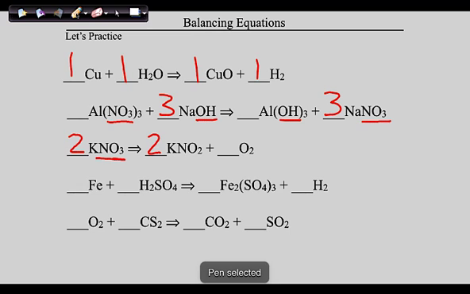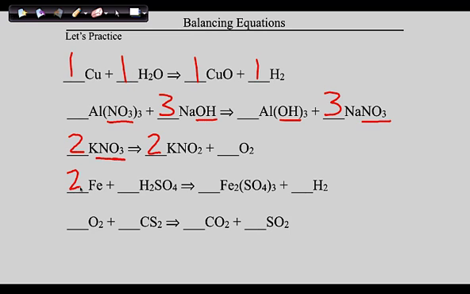So it goes like this. We've got 1 iron on the left and 2 irons on the right, so we will put a 2 there. Now, guys, we've got 2 hydrogens on the left and, I'm sorry, 2 hydrogens on the right, so we're good there.